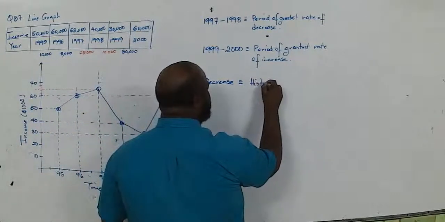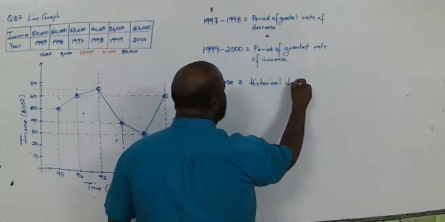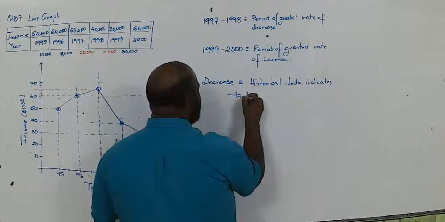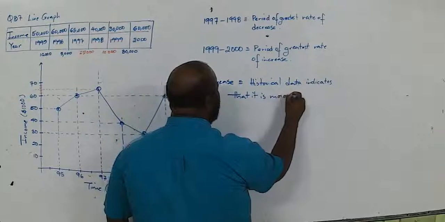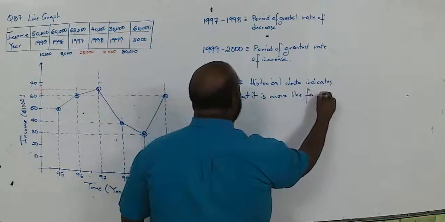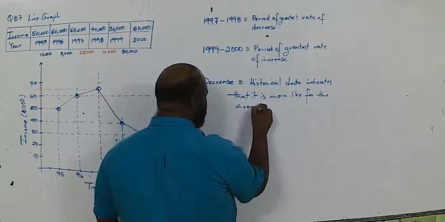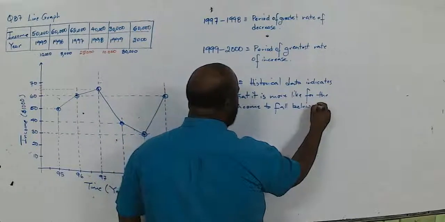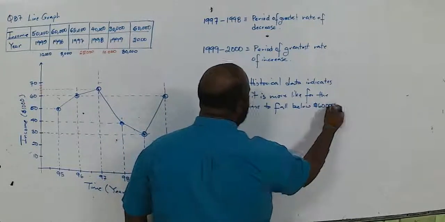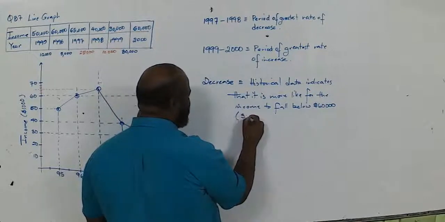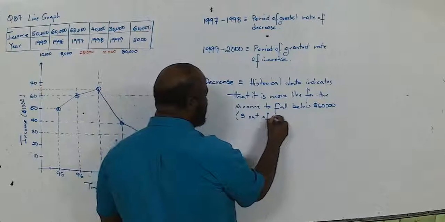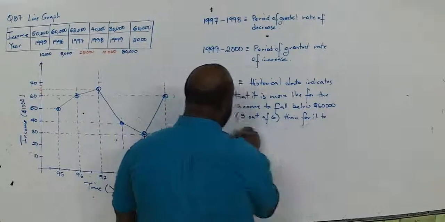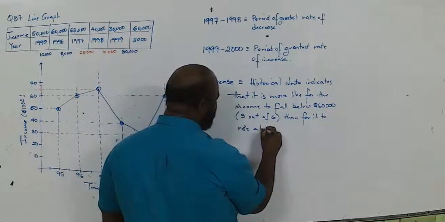Historical data indicates that it is more likely for the income to fall below 60,000 because it happened 3 times out of 6, than for it to rise above 60,000.